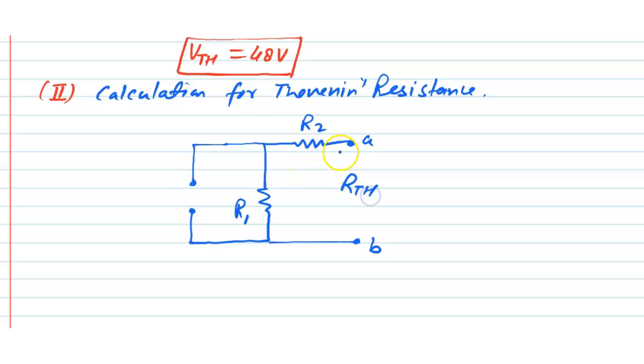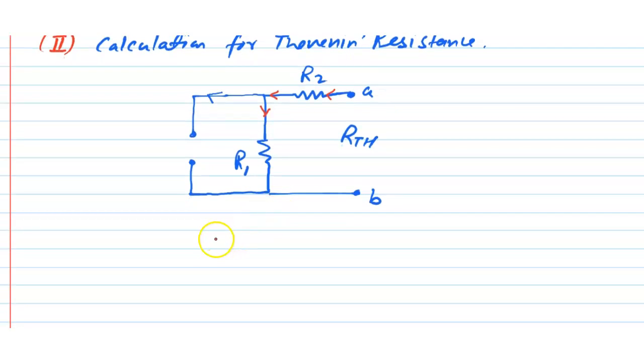No current flows into this path, so R2 and R1 are in series. The multimeter sends current through this resistance, so these two resistances are in series.